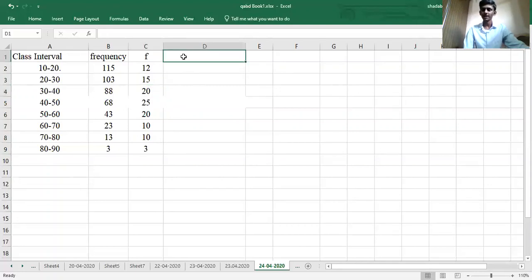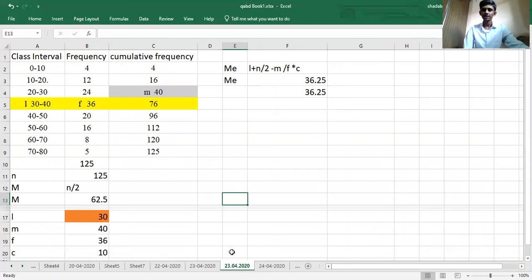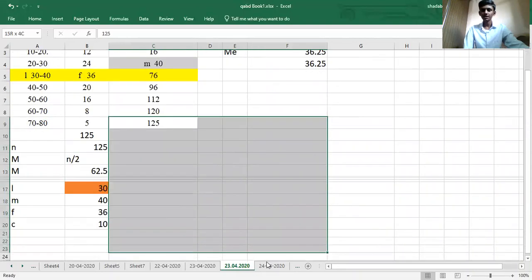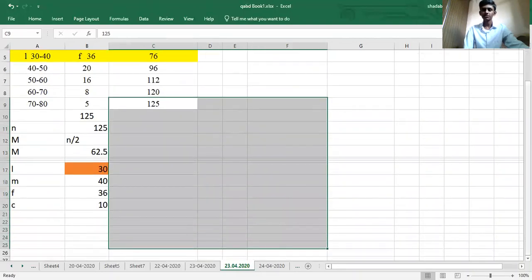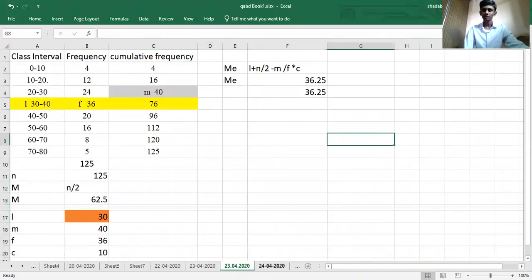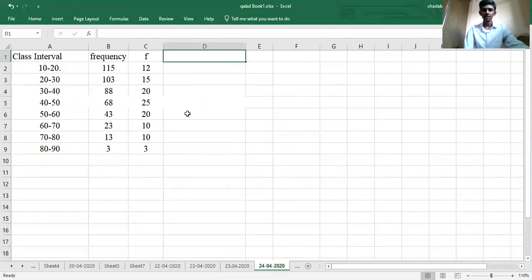Now we have to find the actual cumulative frequency, because it is more than. In the previous question, for less than, the cumulative frequency was already given, but here they have given more than. So just remember, here we have to find the cumulative frequency.